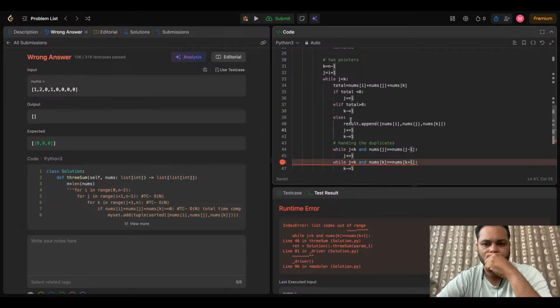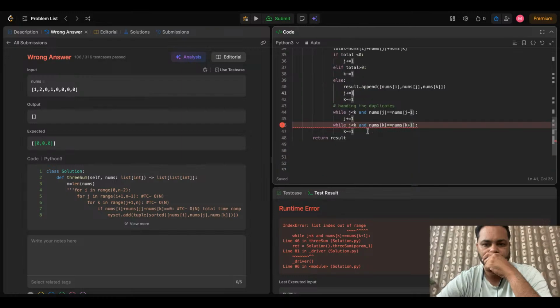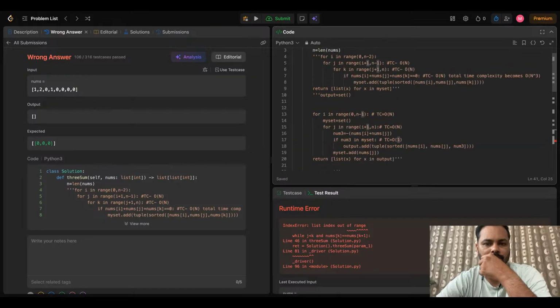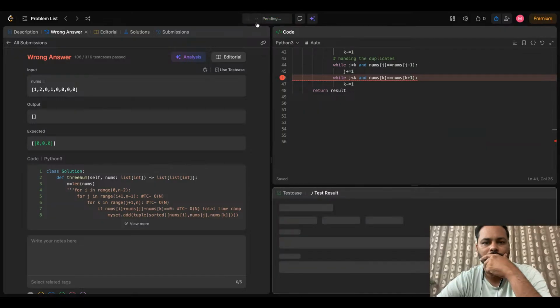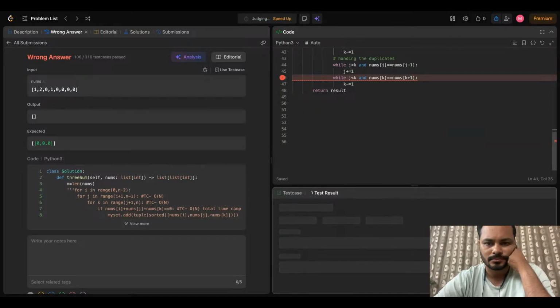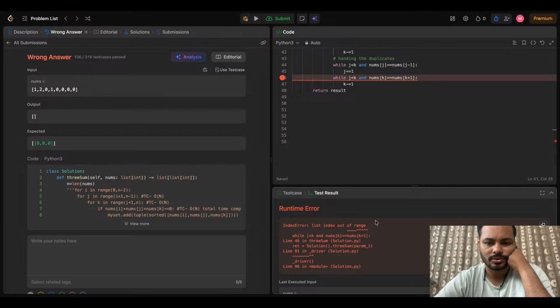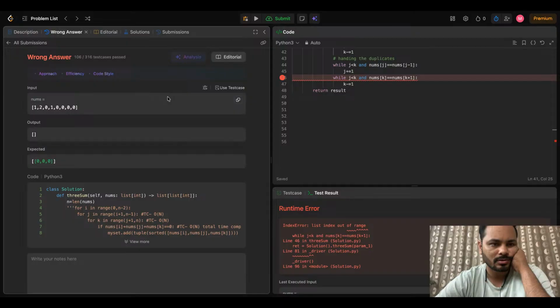If, else, and there is the nums of j minus 1. It should not give index out of range because, let me go with analysis.